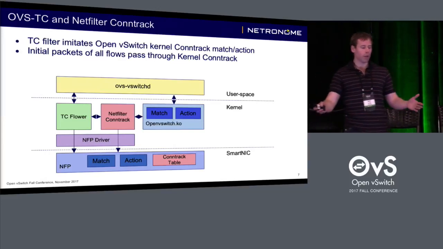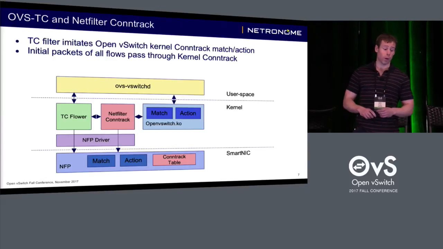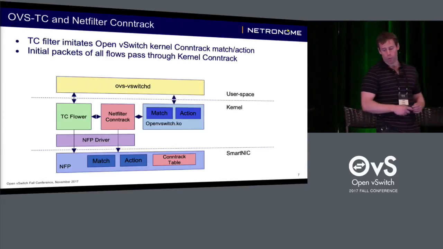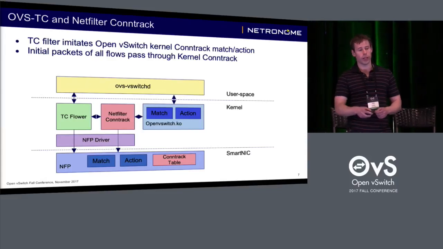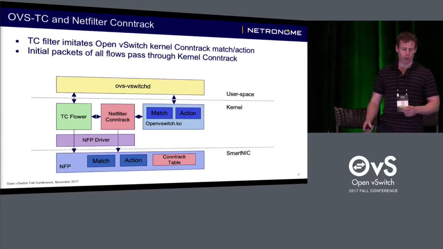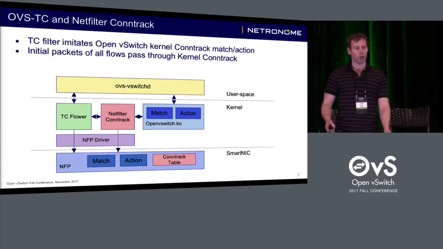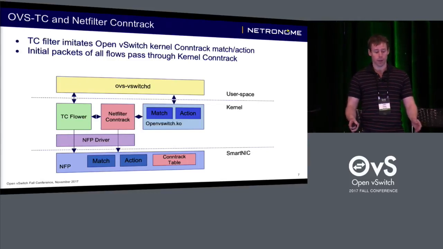So hopefully this architecture is something that we will be looking at in the coming weeks, whereby we can offload not only our TC Flower rules, but hopefully our Conntrack rules. If we look at the arrows on this diagram, TC Flower to the SmartNIC, to the NFP, that exists.